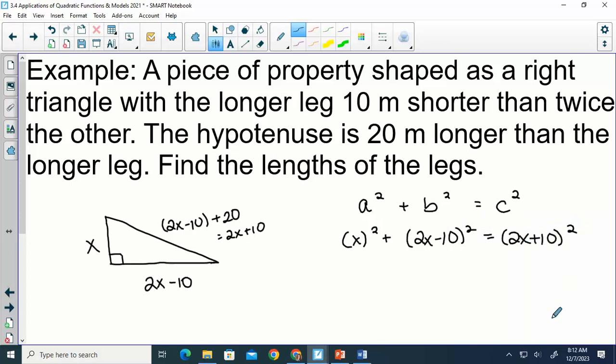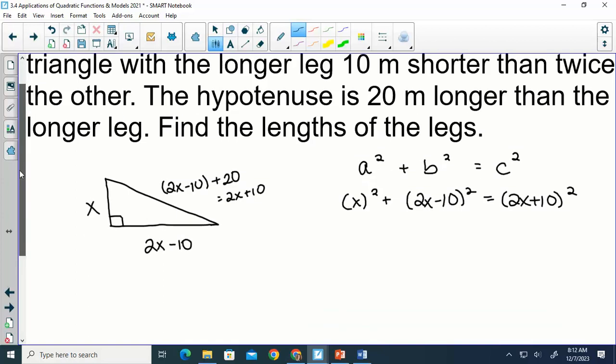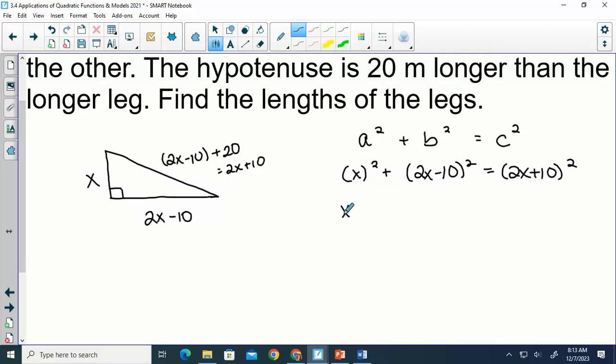Remember, it just has to be that the hypotenuse is c. A and b could be either one. So we have x squared. How do you do 2x minus 10 squared? FOIL it. So that would be 4x squared minus 20x and minus 20x is minus 40x plus 100. Over here, if we FOIL, we get 4x squared plus 20x and plus 20x plus 40x plus 100.